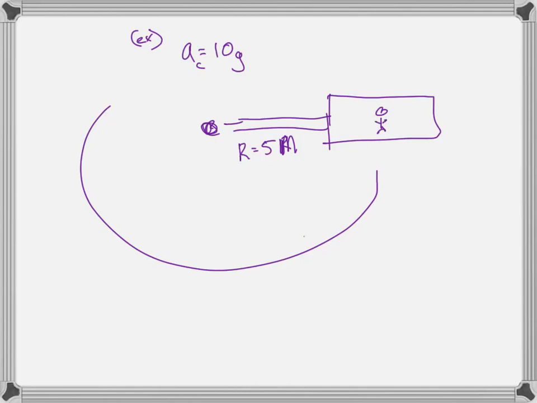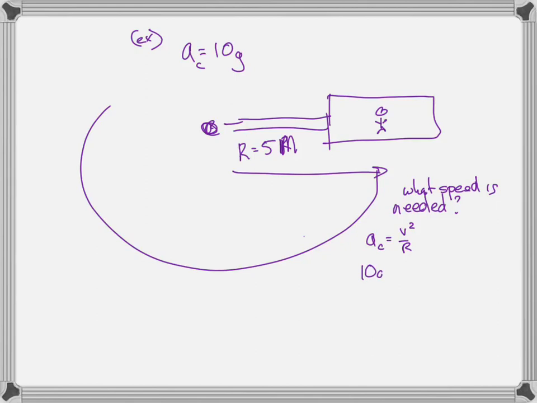So let's say we've got somebody in this apparatus where we're testing Air Force pilots, and we want to see if they can withstand 10 Gs. So put them in this thing that has a radius of 5 meters. And ask, at what speed is needed for that 10G acceleration in order to make them pass out, right? So now it's a pretty straightforward plug-in. a_c equals v squared over r.